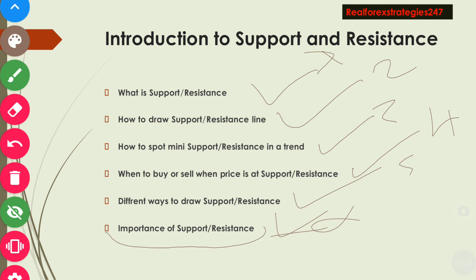I believe all through the course of explaining 1, 2, 3, 4, 5, we know now that it is very, very important to use support and resistance while trading. Okay, so this is the end of this class. If you have any question, please do well to ask me.